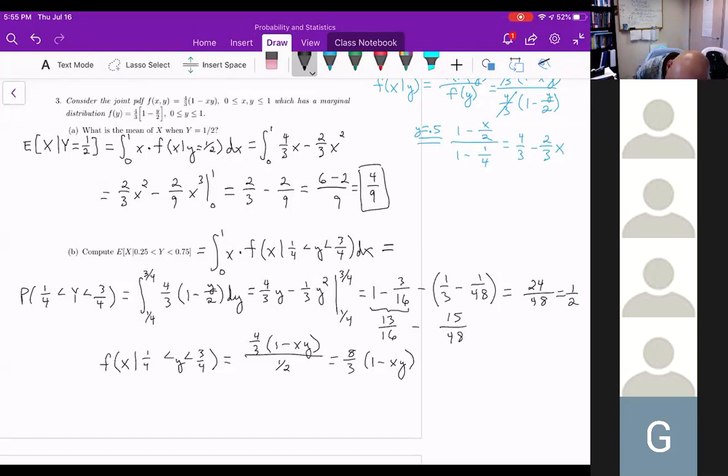So this is the integral. Now notice that we have x and y, which means that there's going to have to be two integrals. And we'll figure out those limits of integration in just a moment. So we have 8/3, 1 minus xy. And let's integrate x first and then y. In this case, it really doesn't matter because x and y aren't dependent on one another.